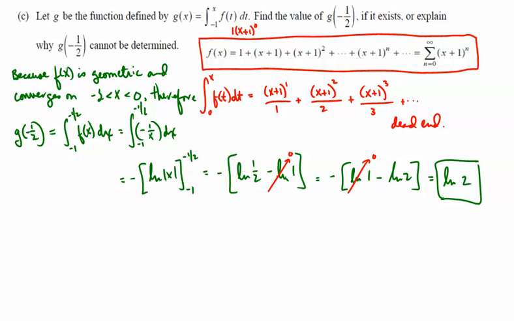So because f of x is geometric, it converges on the interval from 0 to -2, therefore we can substitute f of x with negative 1 over x and do a definite integral from negative 1 to negative 1/2, and we get our answer there.